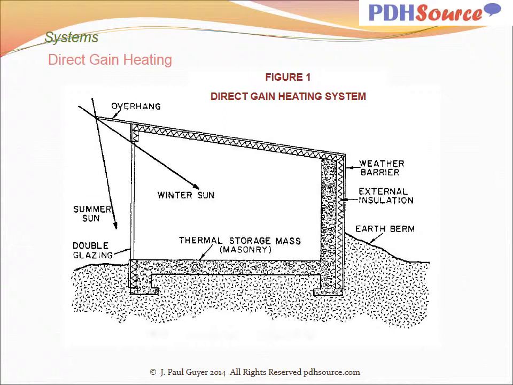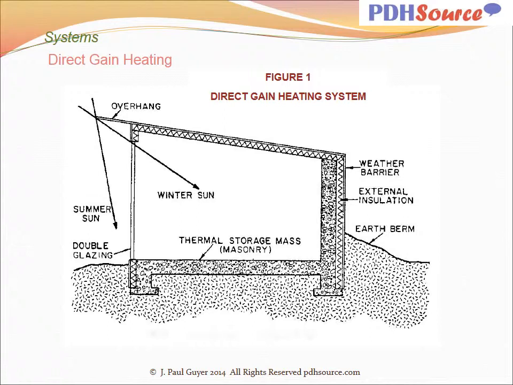A single sheet of glass is a very poor insulating material, and to have a good insulating value on those south-facing windows, you have to use double or triple glazing.